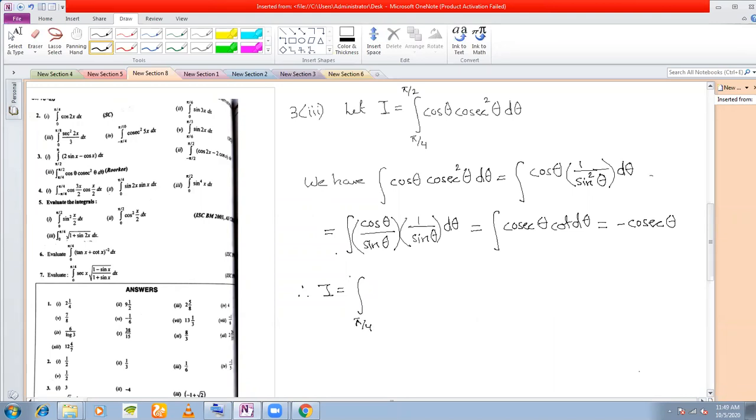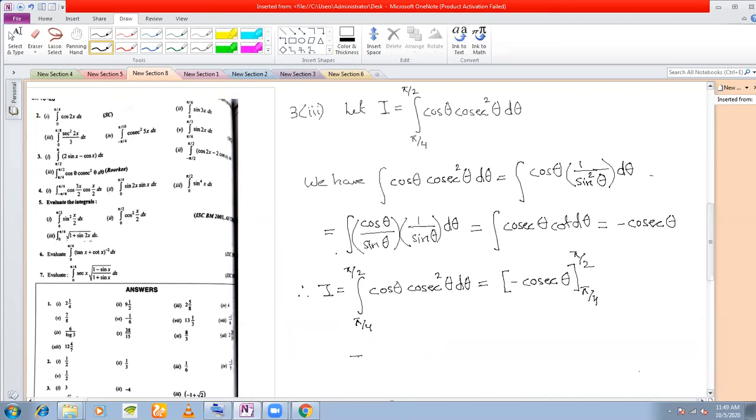integration pi by 4 to pi by 2 cos theta cosec square theta d theta is equal to, we have evaluated as an indefinite integral, minus cosec theta evaluated between the limits pi by 4 to pi by 2.